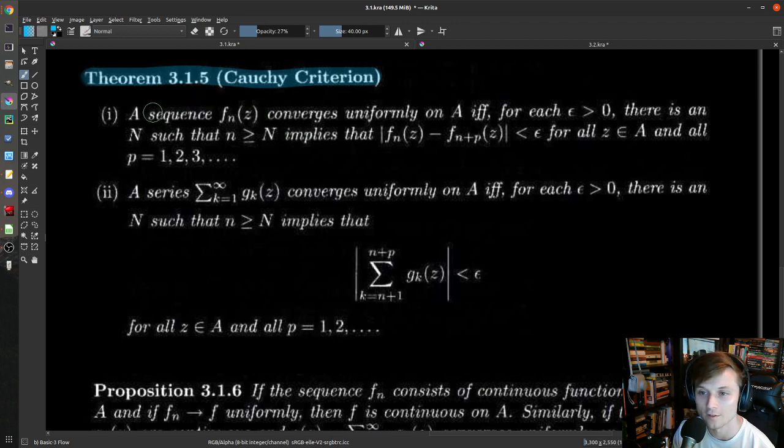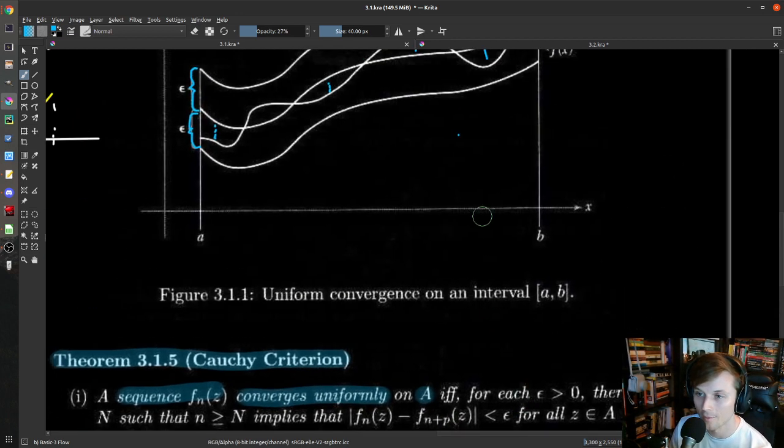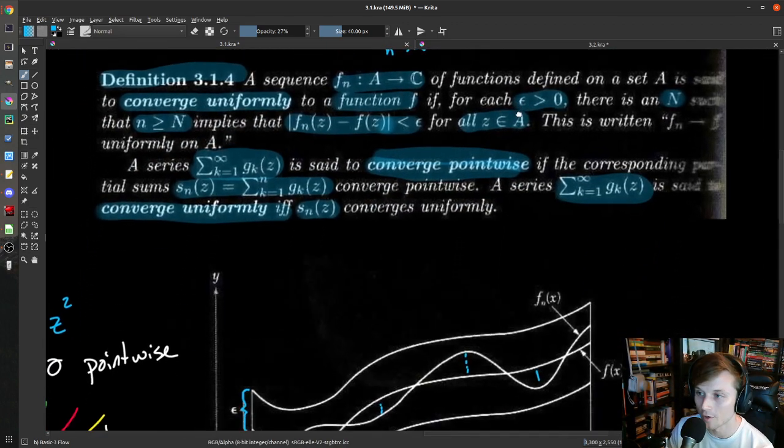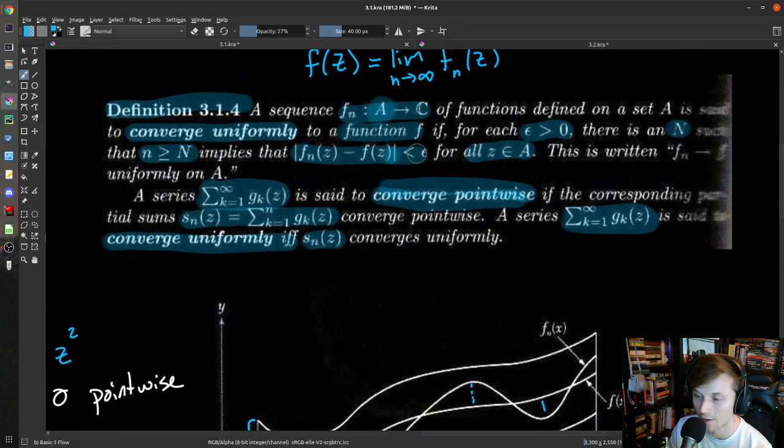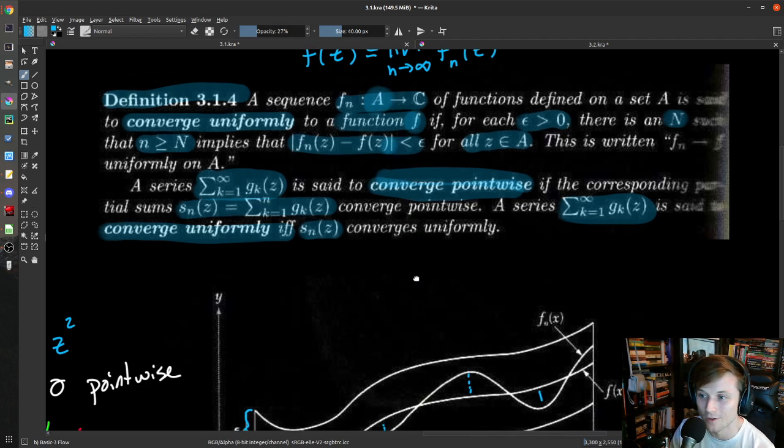The first one says that a sequence f_n of z converges uniformly on a set A. Remember, all of the uniform convergence is relative to the domain of the functions here. So the function f might be defined for a bigger set than A, but if your sequence is only living on A, then you can really only converge to something that's defined in the domain that makes sense for these.